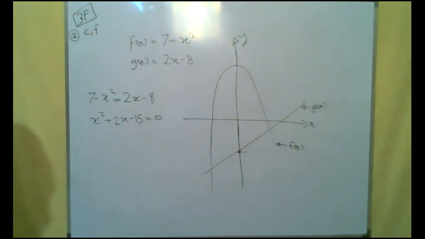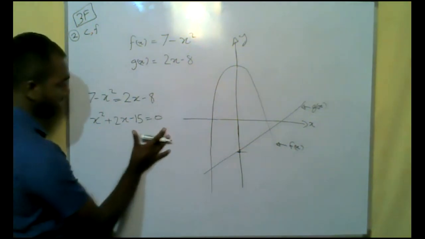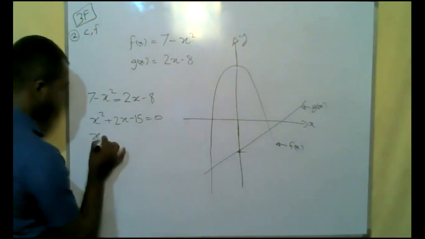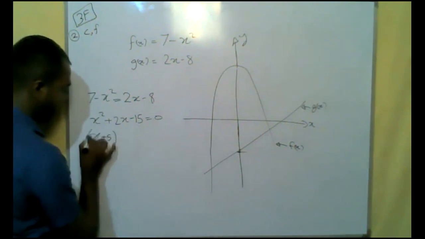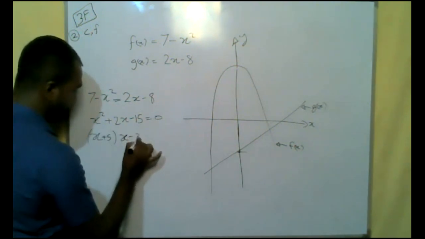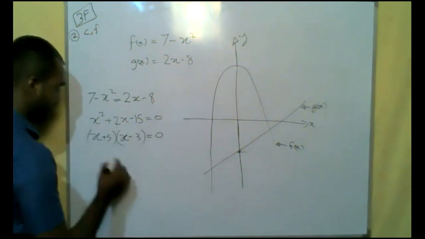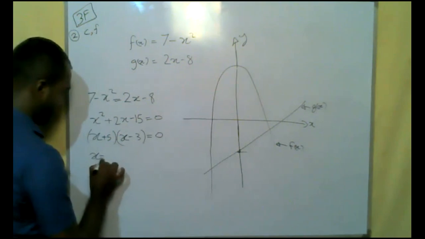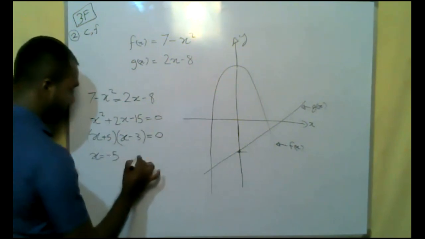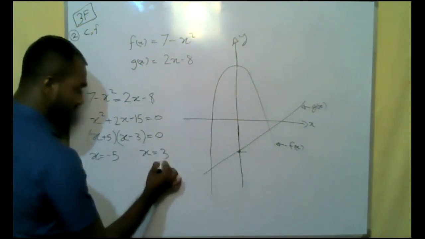Yeah, it is going to factorize. What will be the answers here? It's plus 5 and minus 3. So (x plus 5) times (x minus 3) is equal to 0. So x is equal to minus 5 or x is equal to 3.